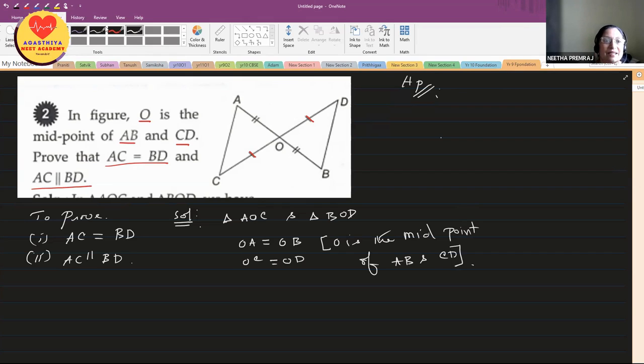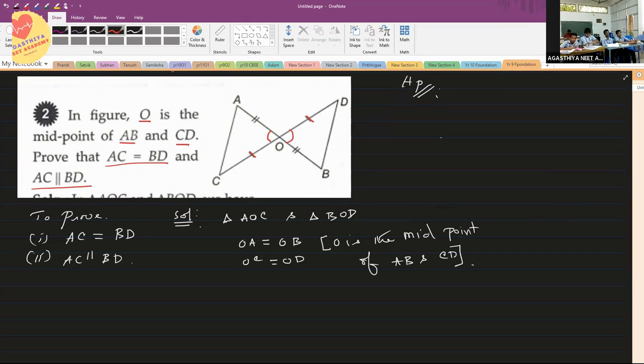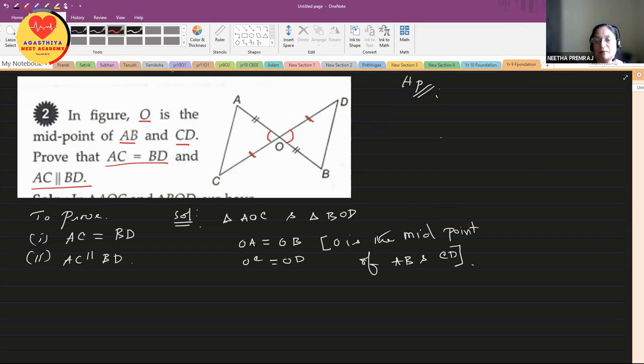Then what about these two angles? I marked some angles in the figure, right? What kind of angles are they? I'm asking simply: two lines are intersecting, so what about these two angles?